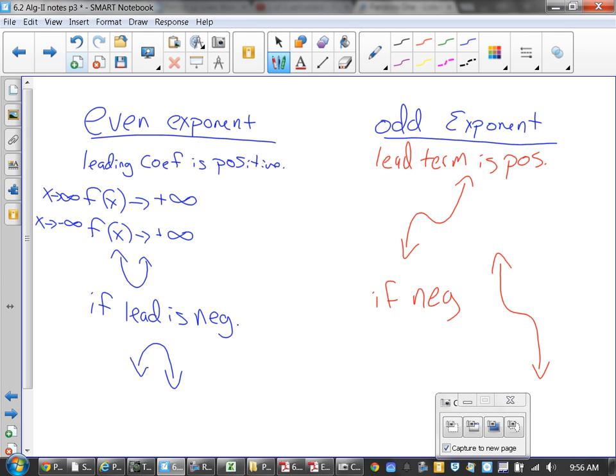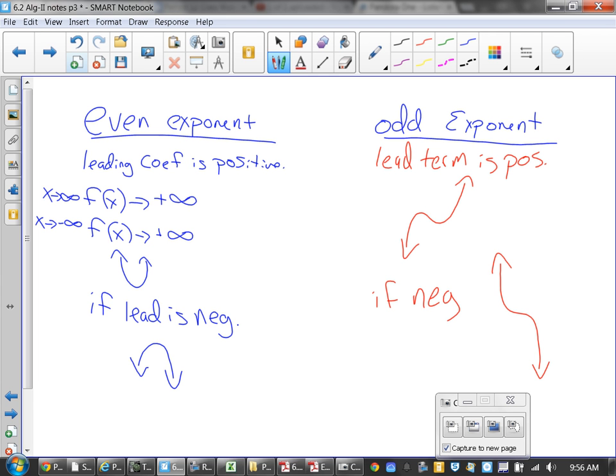As x is getting smaller and smaller, f of x is getting smaller. As x is getting bigger, f of x is getting bigger. And then it's just the other way around. That's what's nice with polynomials: all of their graphs may not look identical, but their end behavior has the same patterns.